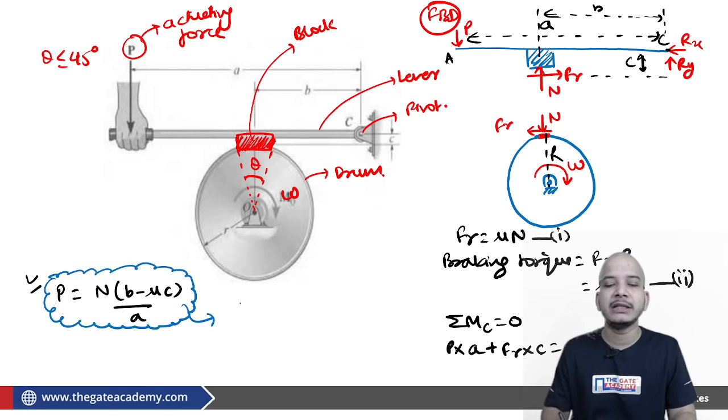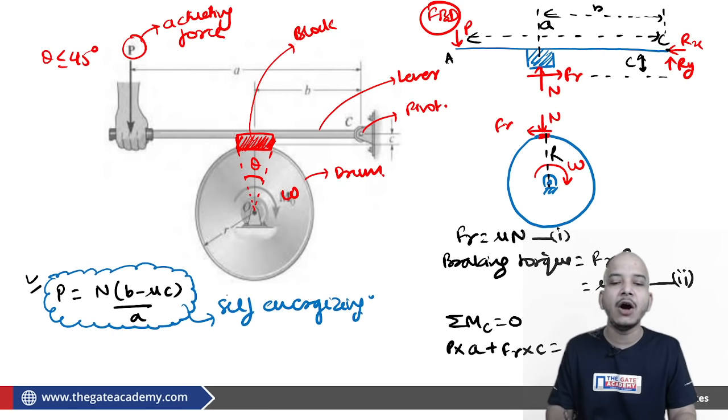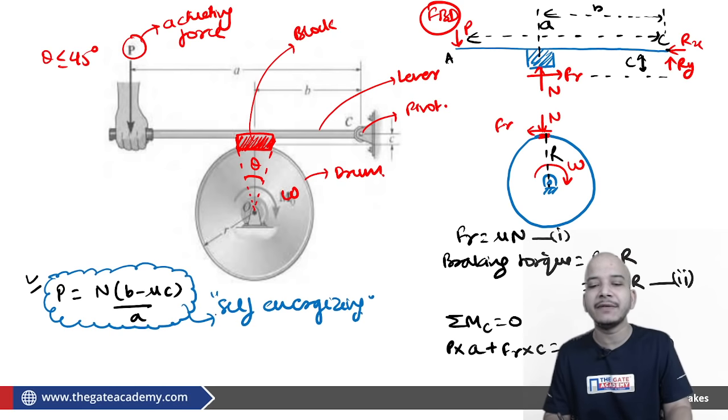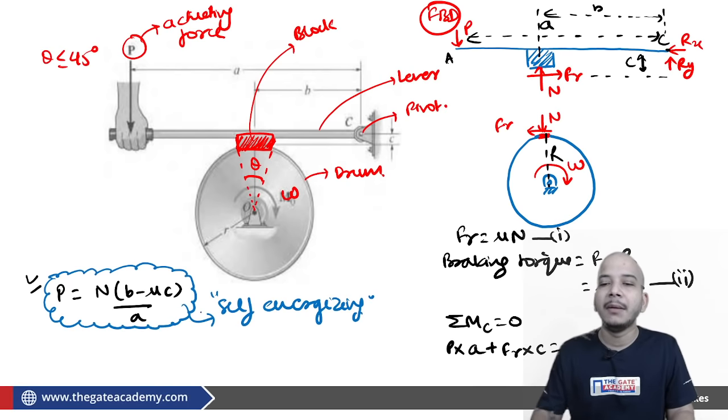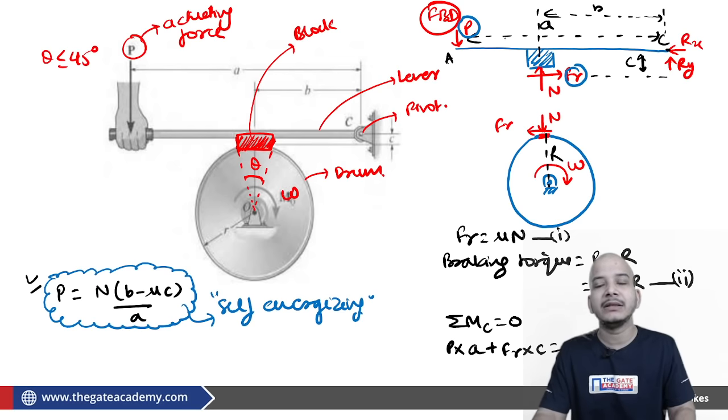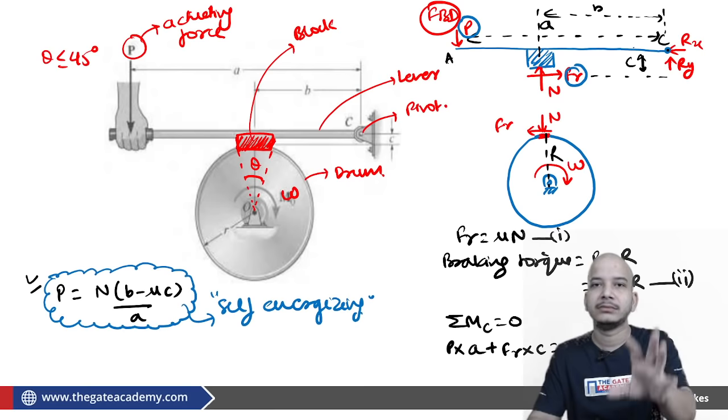Such situation is called self-energizing. How in actual do we define self-energizing? Self-energizing is defined when the moment because of the actuating force and the friction force, once again listen to it very carefully, the moment because of the actuating force and the friction force about the pivot point on your block lever arrangement.